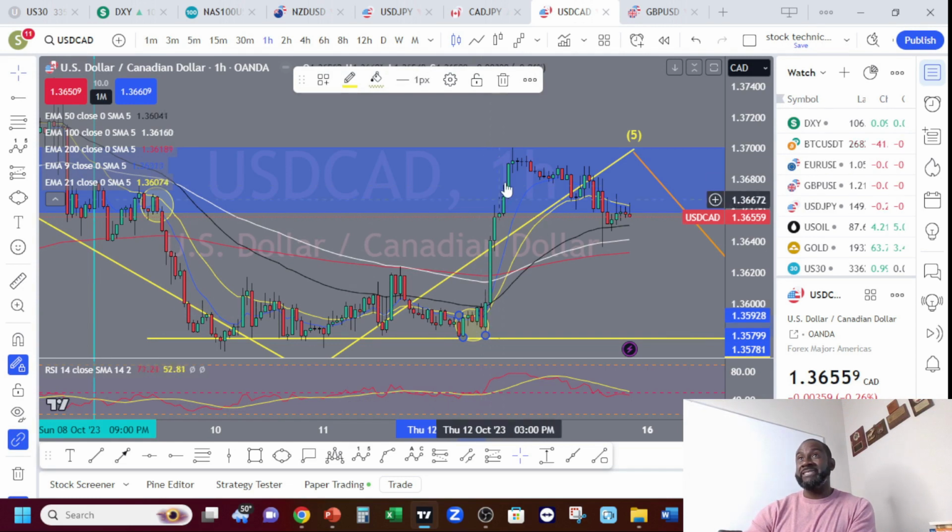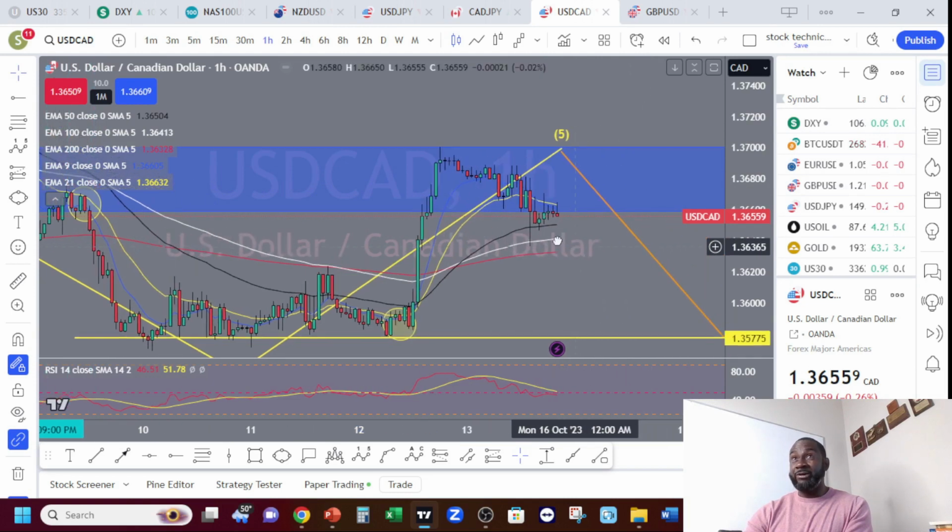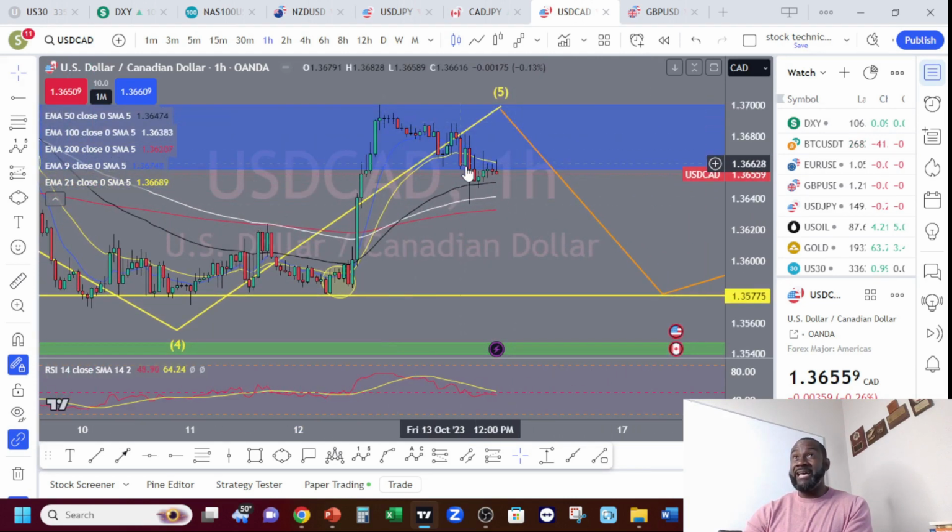What price did was go all the way up, and then from that point, price touched it, continued, and then came down. As you can see, price came down. So here we knew price was going to come here to go down.